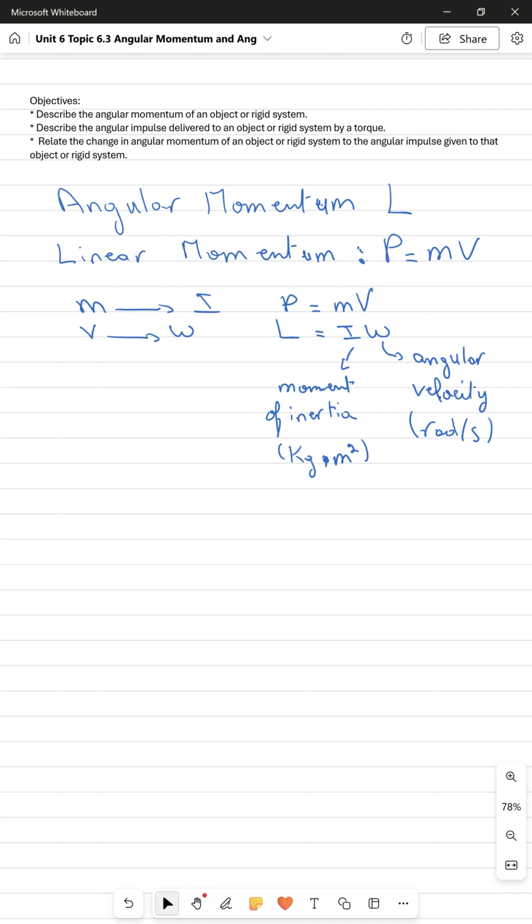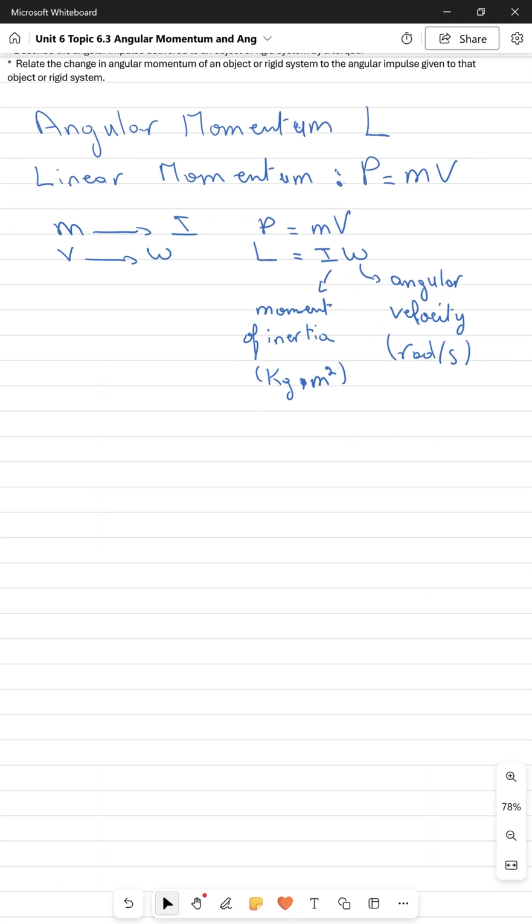Now, to find the angular momentum of an object at any given point, it may be hard to use I omega since we have a point, so we have to use another equation.